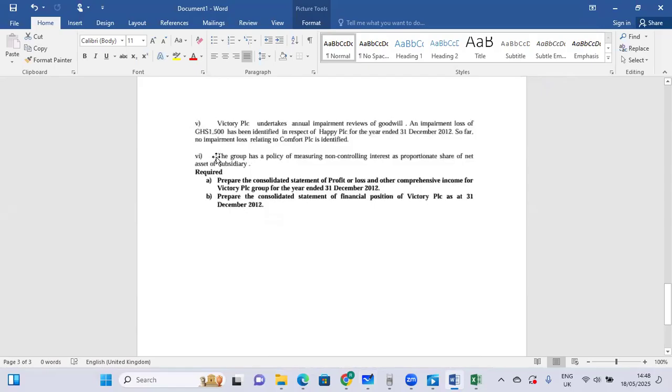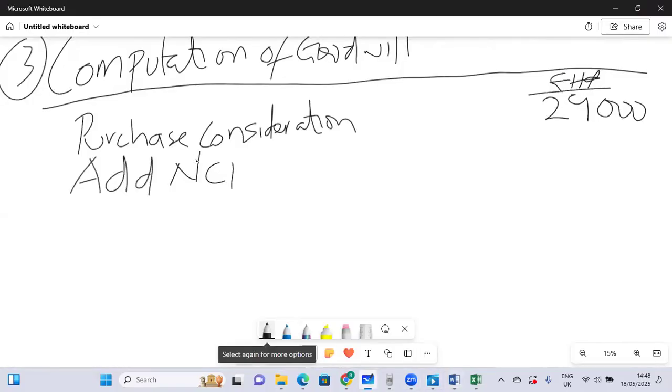That's what they told us, the fifth one. The group has a policy of measuring NCI as the proportionate share of net assets. If it is at fair value, you do the fair value. For fair value, you either multiply the remaining shares by their share price, or they'll give you the fair value of NCI.